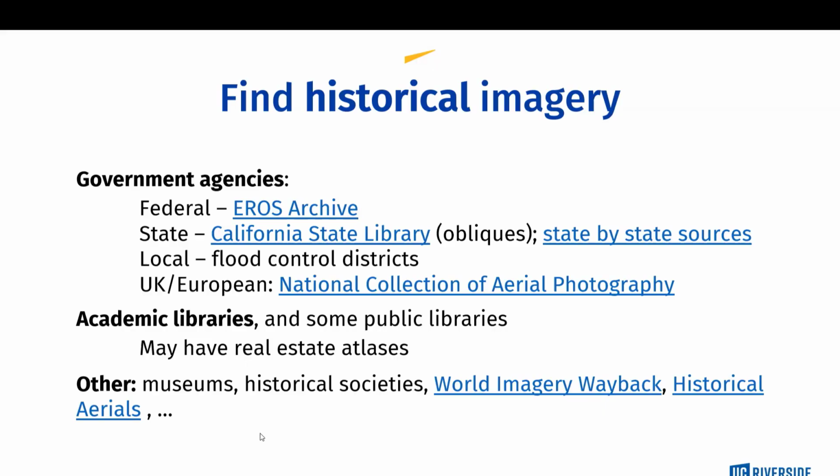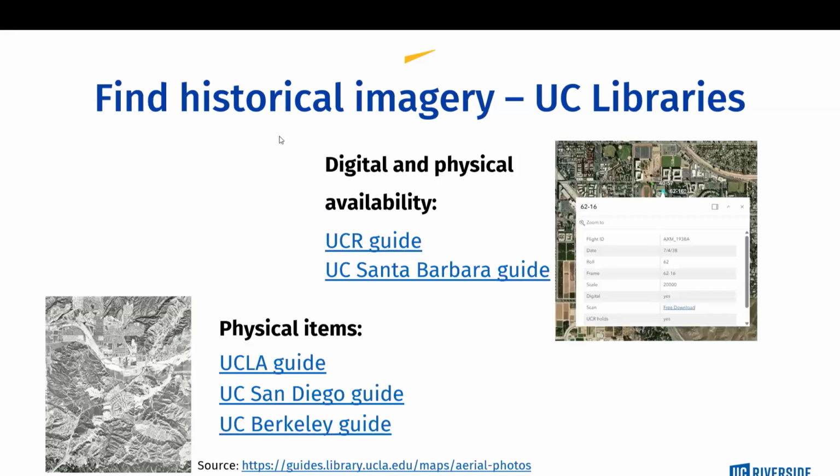And just to amplify a little bit what I'm saying about academic libraries, with the UC libraries ourselves, here at UCR and at Santa Barbara, we provide digital and physical accessibility to our aerial photo collection. And this screenshot on the right, we have our oldest aerial photography at UCR is 1938, and we have coverage of the area that is now campus.